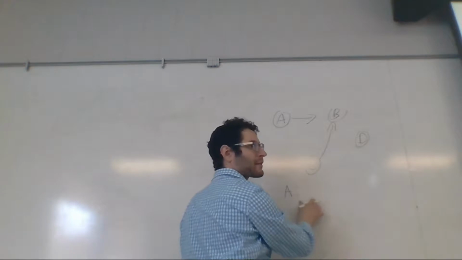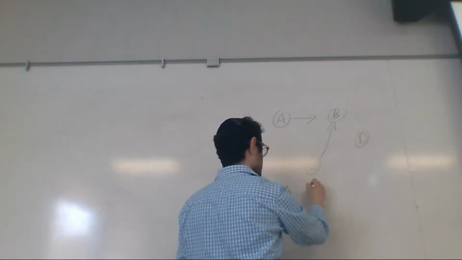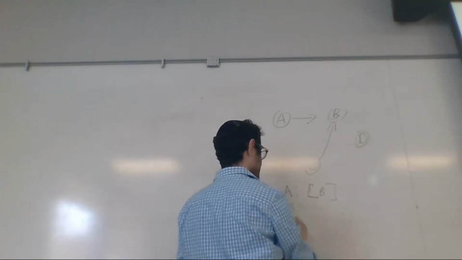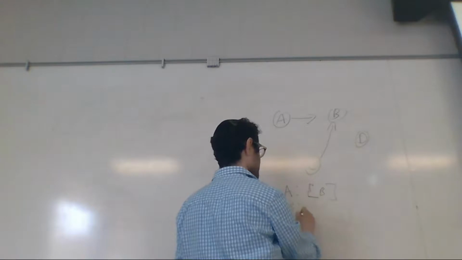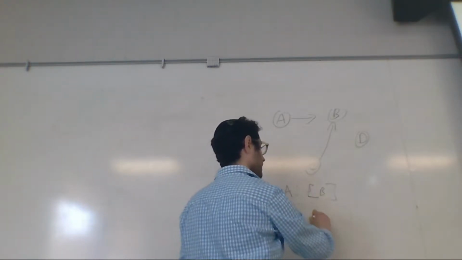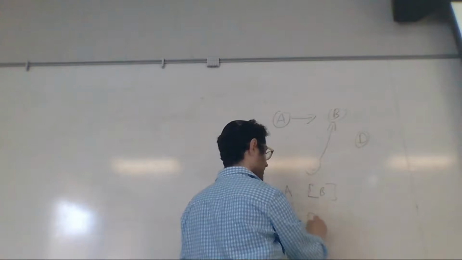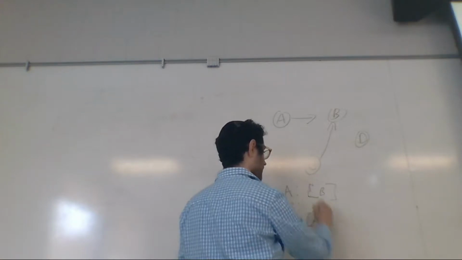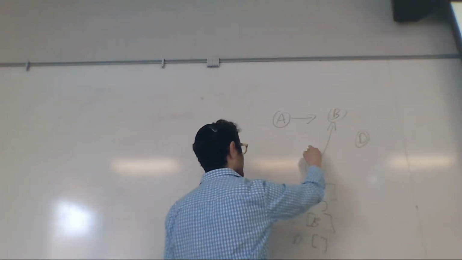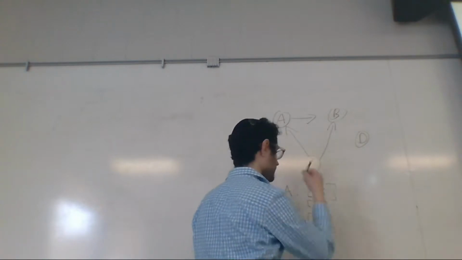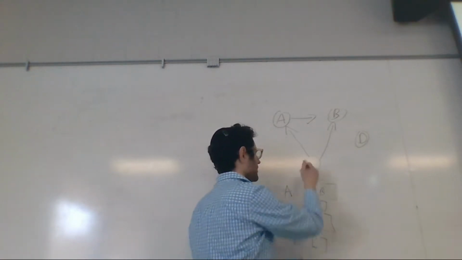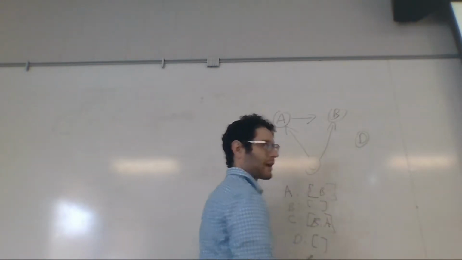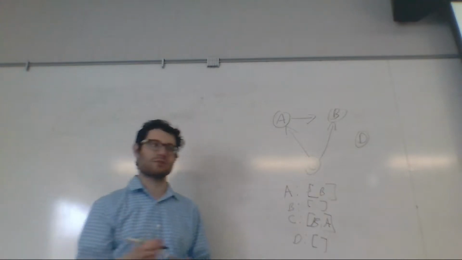It might be a map where A is the key, and the value is that A is adjacent to B, B is adjacent to nothing, C is adjacent to B as well, because you can go from C to B, and D is adjacent to nothing. If you add another directed edge, C goes to A, so we add A into that list. We went over this last time. It's not really too hard of a concept.